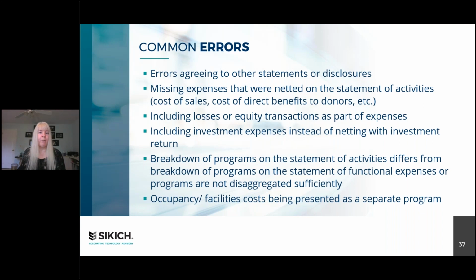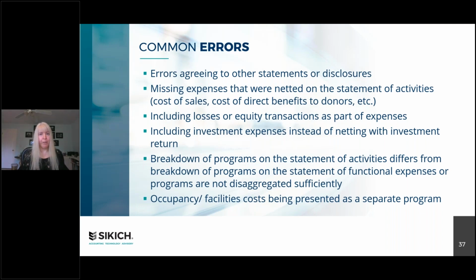So if you have costs of goods sold that are netted in your revenue section on the statement of activities, you need to add those back in the statement of functional expenses and put them in the correct program or supporting service that they belong with.